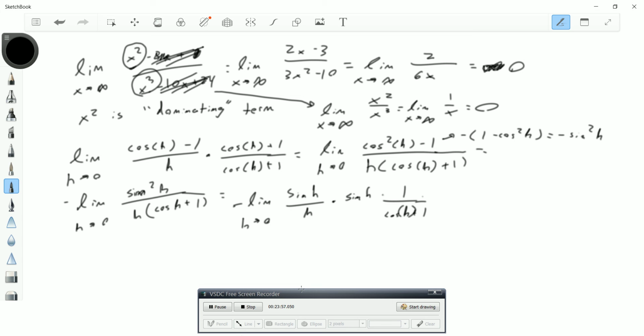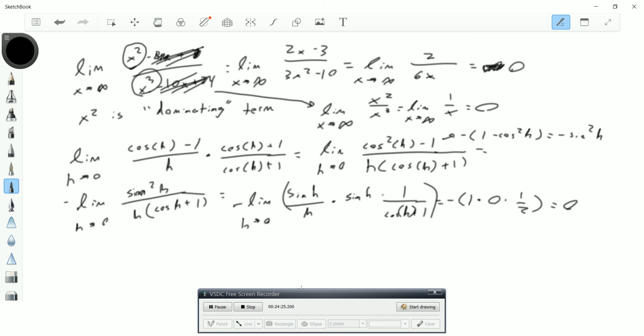We have the negative of sine of h over h as h approaches 0, which is 1, and we proved that, times the limit as h approaches 0 of sine of h, which is just 0, times this, which is going to give you a half, which is 0. Pretty cool.